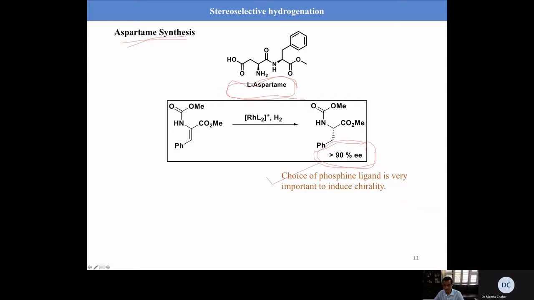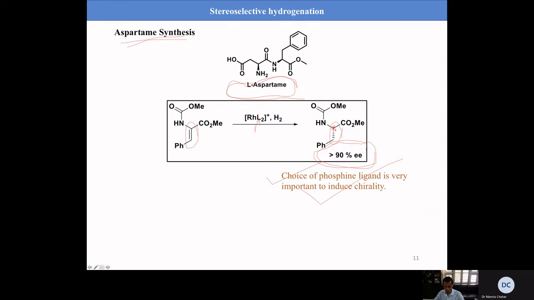So the choice of phosphine ligand, which is the chiral ligand, as you have seen in the other case, is critical and very important. But overall, this olefin, as you can see, goes to an alkane, and a new stereogenic center is generated right over here, which determines the stereochemistry. The ligand on the rhodium will dictate the stereochemistry at this point, right?